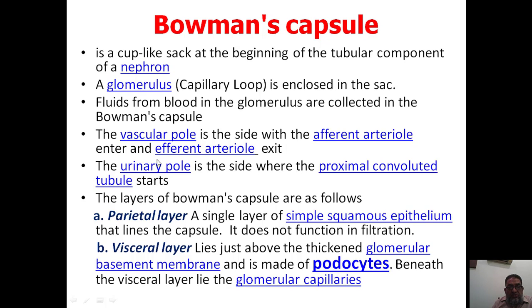The visceral layer lies just above the thickened glomerular basal membrane and is made up of podocytes. The visceral layer is a specialized podocyte cell. Beneath the visceral layer lie the glomerular capillaries, just approximated with the glomerular capillaries. These specialized cells have a cell body, primary, secondary, and tertiary pedicles or pseudopodia.